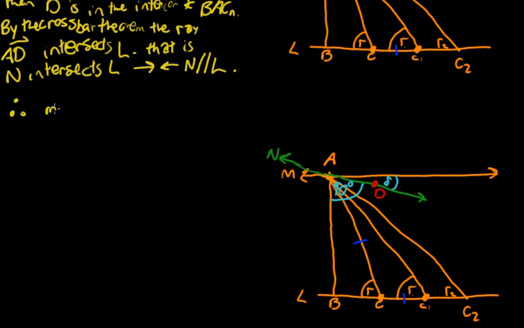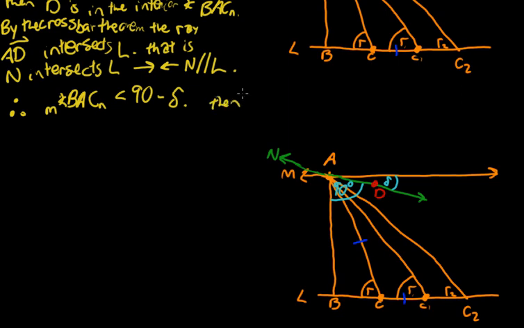Therefore, the measure of angle BAC sub n is less than 90 minus delta. We ran into contradictions whenever we thought it was greater than or whenever we tried to assume it was equal to.